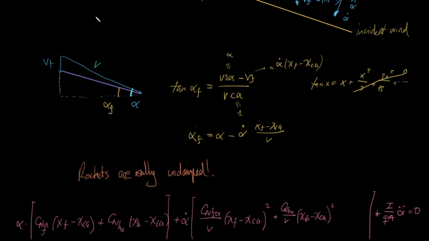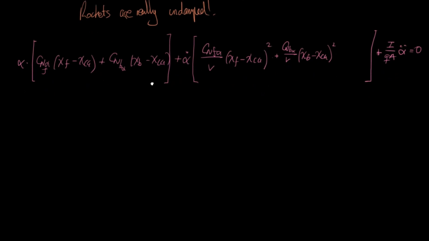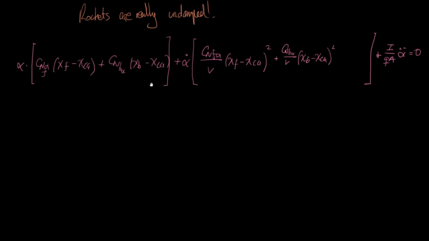However, I told you there's one more damping term, which is not related to aerodynamics, but is caused by thrust. So there's thrust damping also. As the name might suggest, there's only thrust damping when the thrust of the rocket is acting, when the motor is firing.